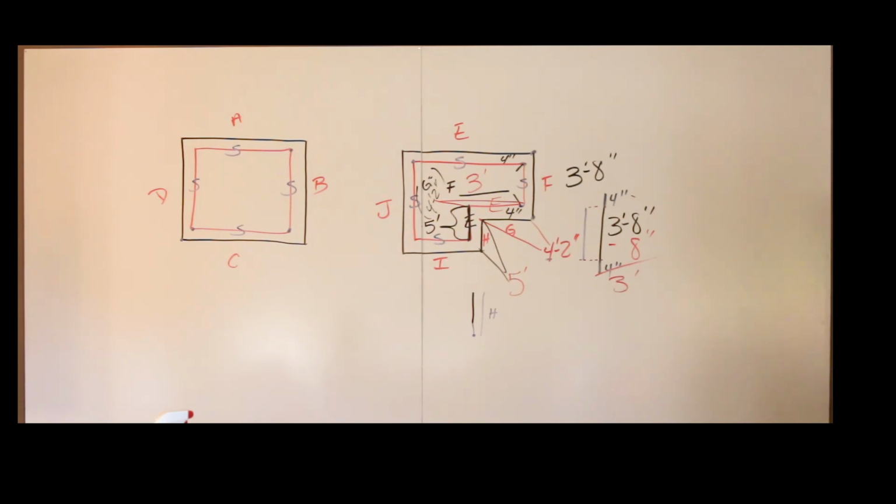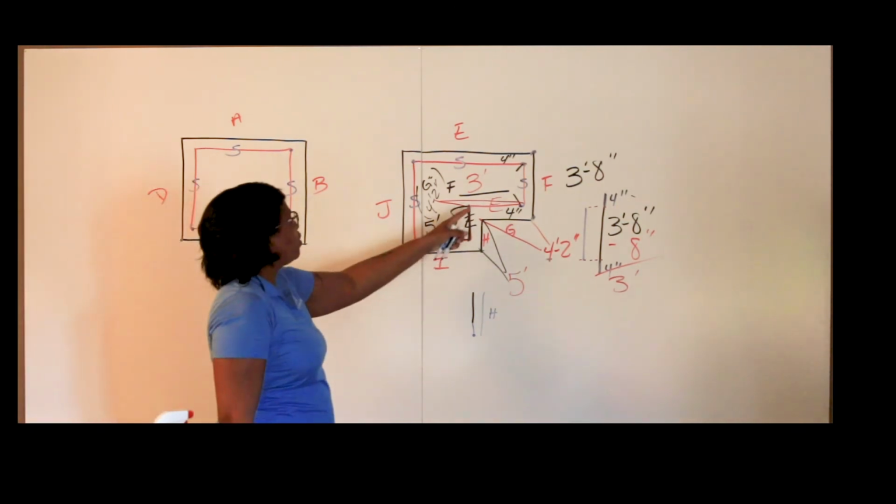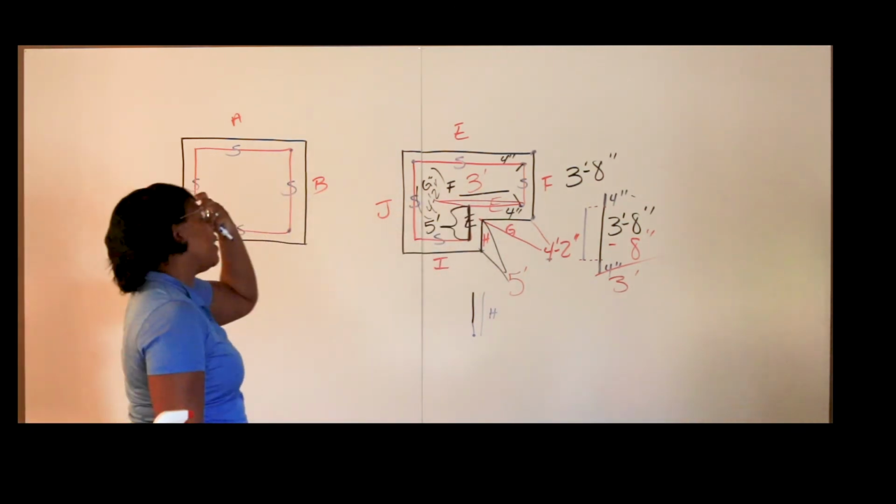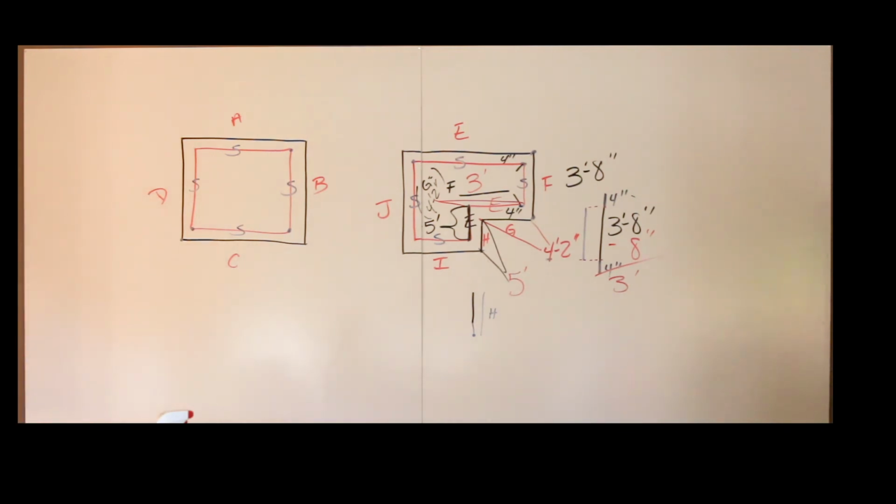If something is smaller, you're going to have to subtract if you're given a larger measurement. If something is larger, you're going to have to add if you're given a smaller measurement. And if something is equal, that means it's the same. It doesn't change. So anytime you have a corner missing in a rectangle or square, that information in that corner does not change. It stays the same. Hopefully that makes sense. If not, rewind it, and feel free to ask questions. Let's push forward.